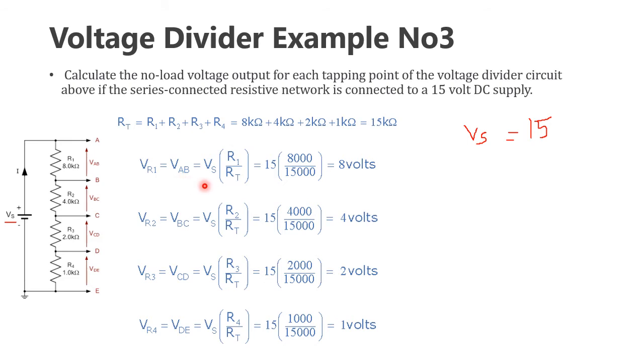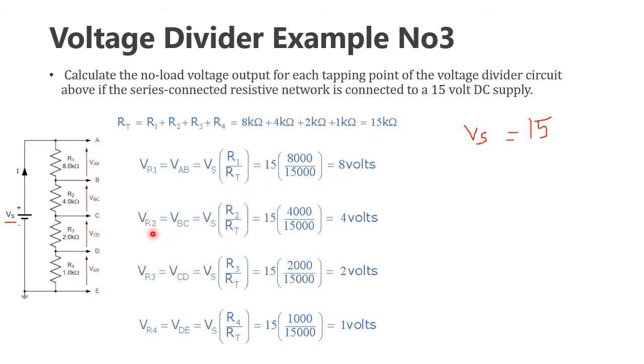That will be equal to Vs times R1 over RT. As I said previously, we can directly use this equation. The supply voltage is 15 volts and R1 is 8 kilo ohm, which means 8000 ohm, and RT is 15,000 ohm. So that will be equal to 8 volts.